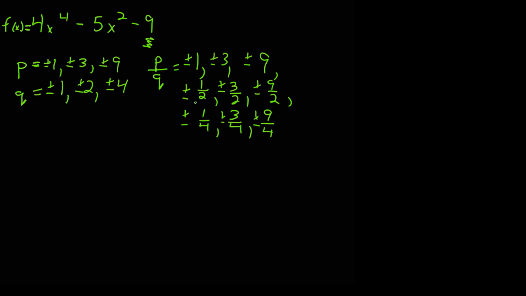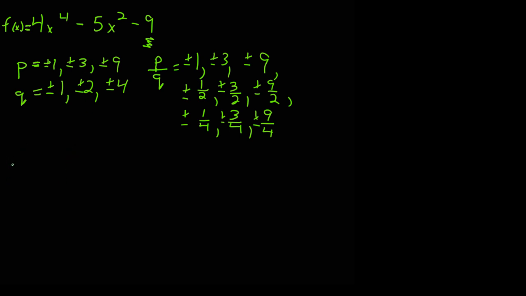Now I can start plugging these in, looking for roots using the remainder theorem and test every single one of these. But what I'm going to do here is see if I should focus on positives or negatives and look for things that might help pin this down.